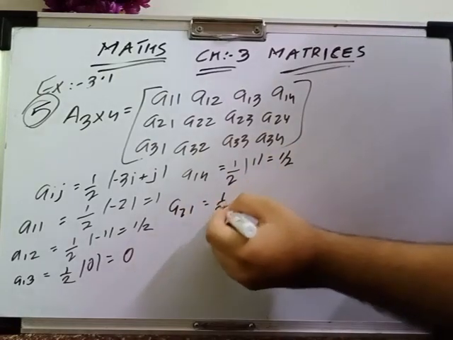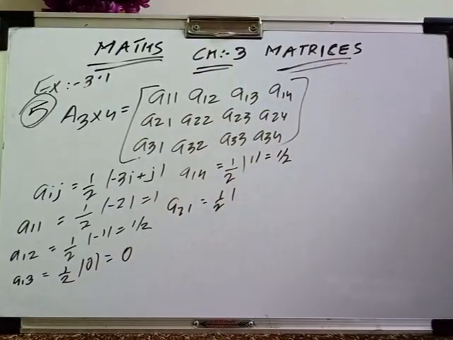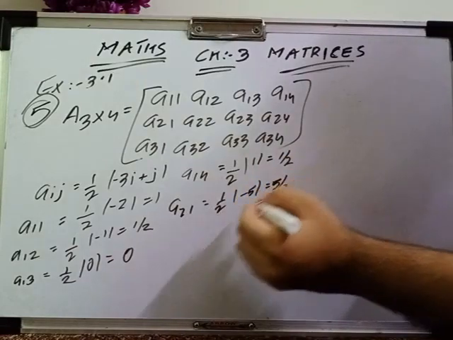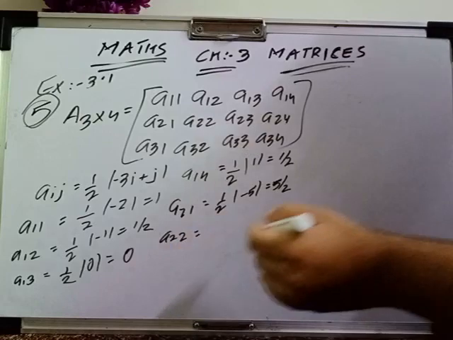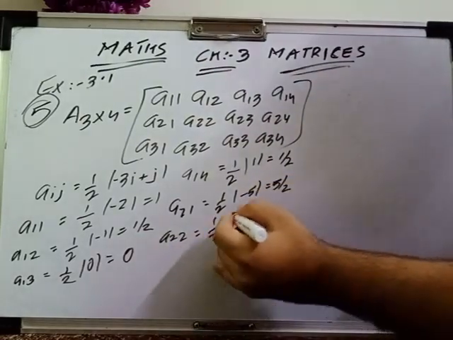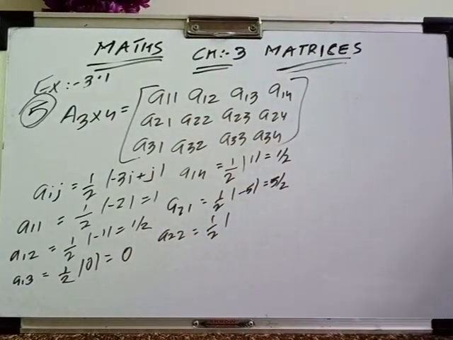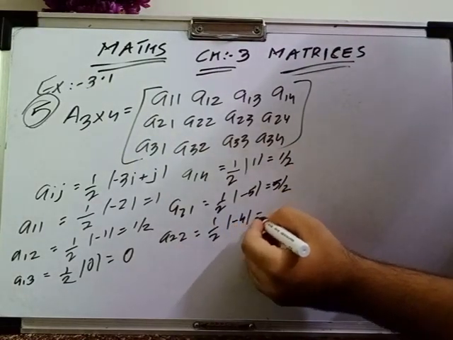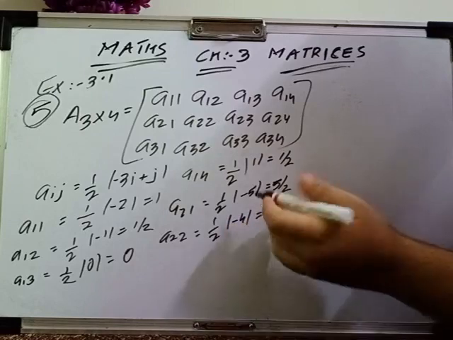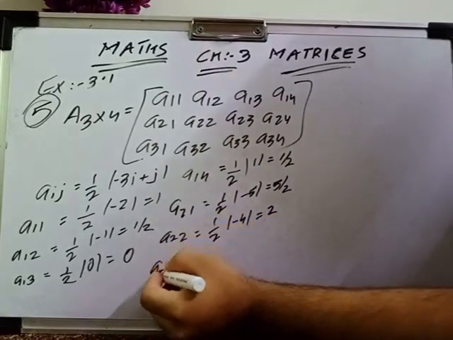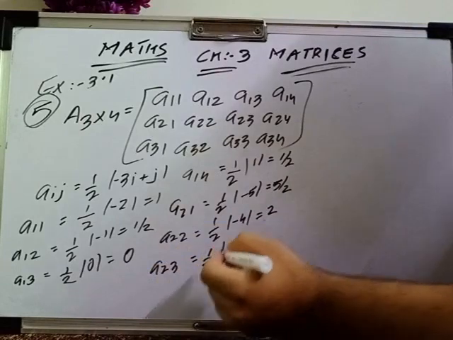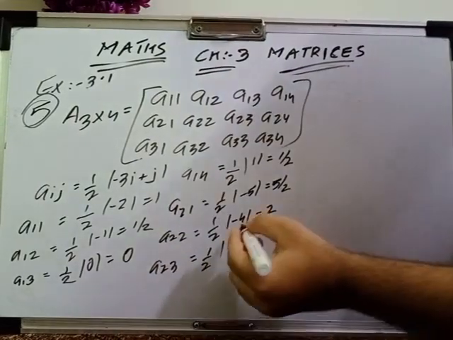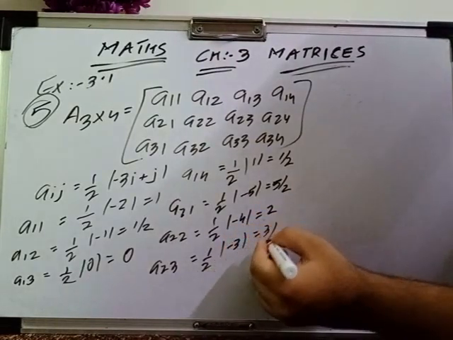A21 will give me minus 6 plus 1, minus 5, but mod is there, so it will be 5 by 2. A22 will give me minus 6 plus 2, right? A23 will give me minus 6 plus 3, minus 3, which will give me 3 by 2.